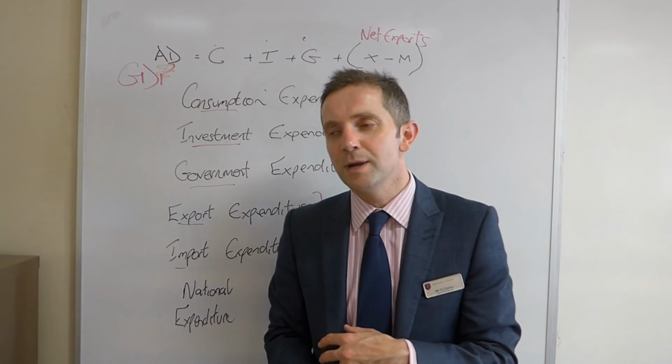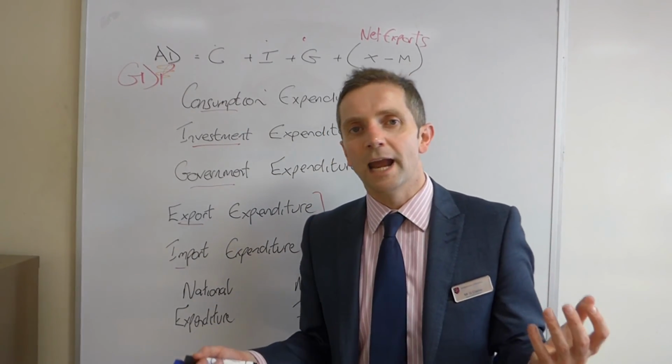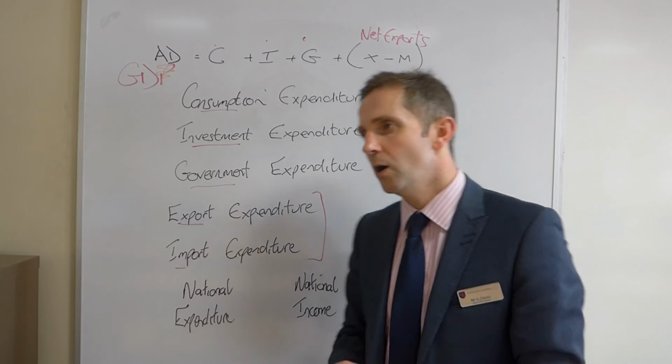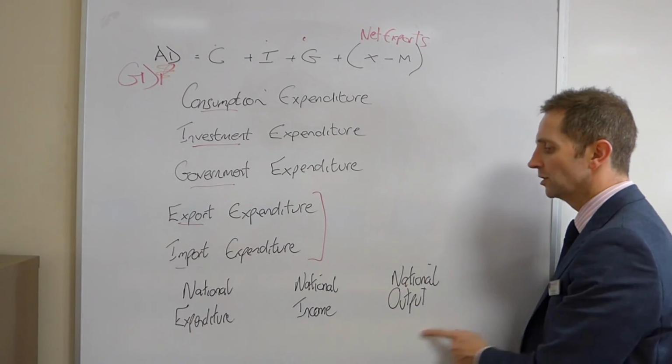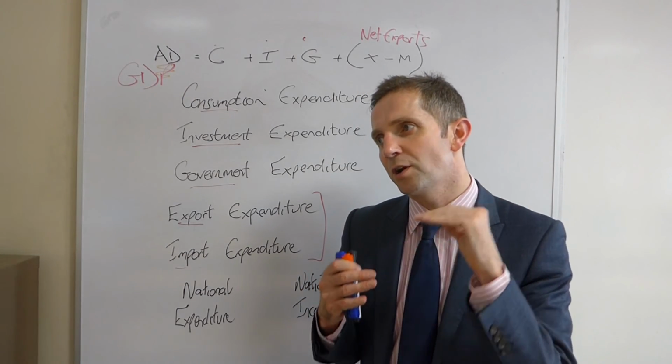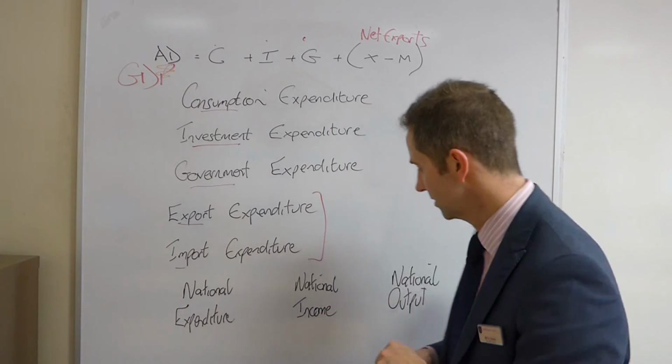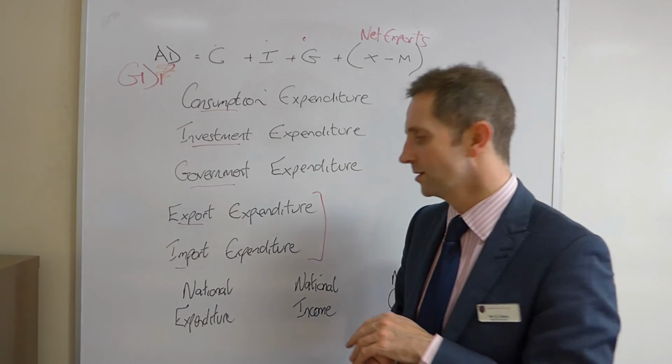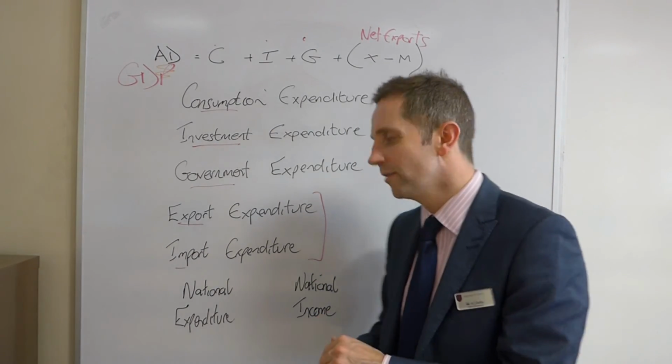So we would do that by measuring the incomes earned by everybody in the economy, or national output, by measuring the value of all of the goods and services coming out of the factory gates. That's a sort of basic technical terminology of it.